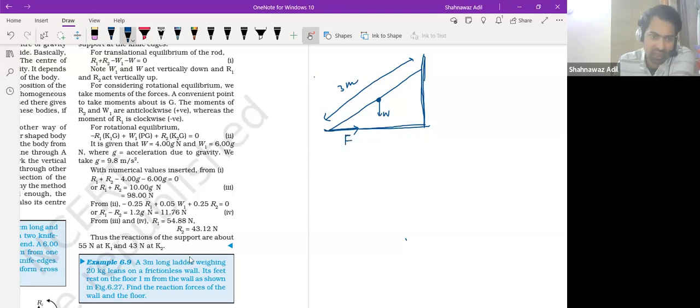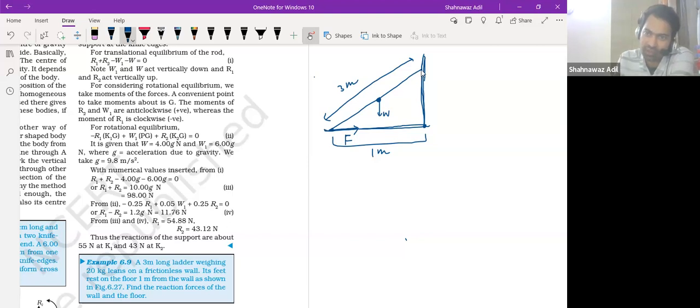Okay, so its feet rest on the floor 1 meter from the wall. So this is the wall, and this is the feet. This is 1 meter, which is given, and what else is given? Find the reaction forces of the wall and the floor.